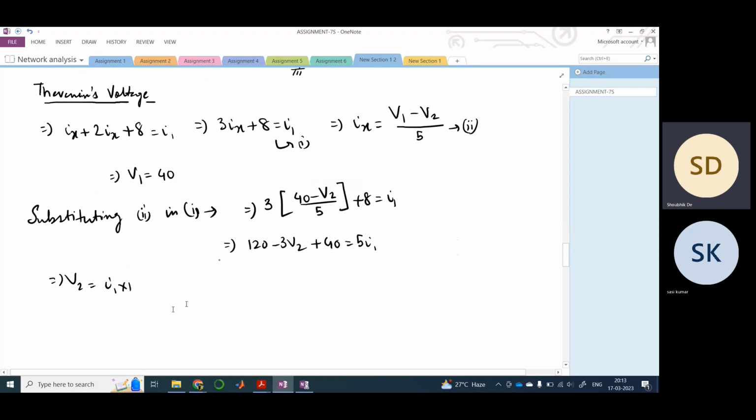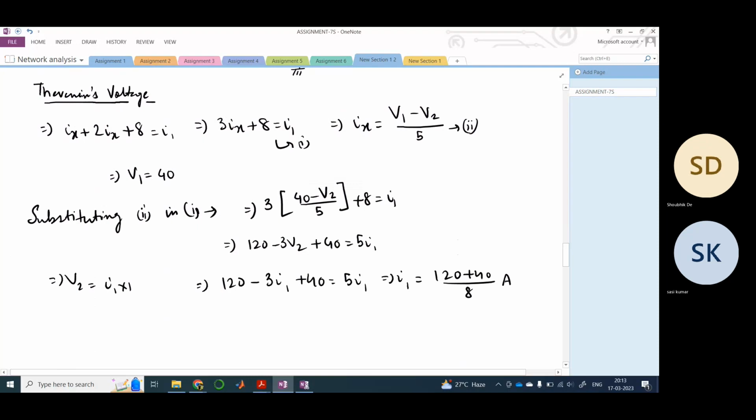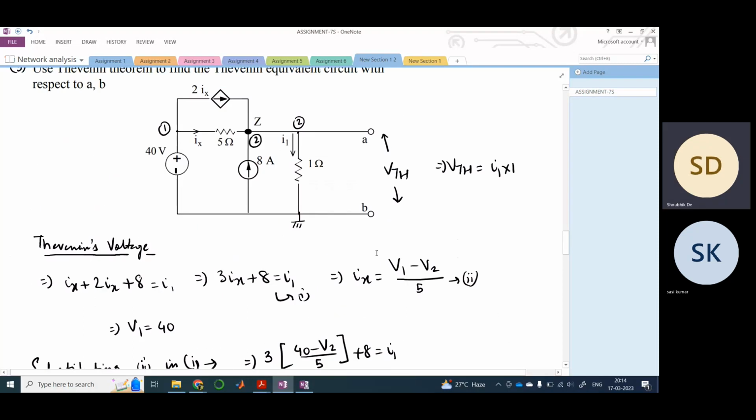Therefore, V2 is equal to I1. Therefore, we can directly substitute this here. So this is 3I1 plus 40 equals 5I1. Therefore, I1 is what? 120 plus 40 divided by 8. So this is 20 ampere, right? This is 20 ampere.